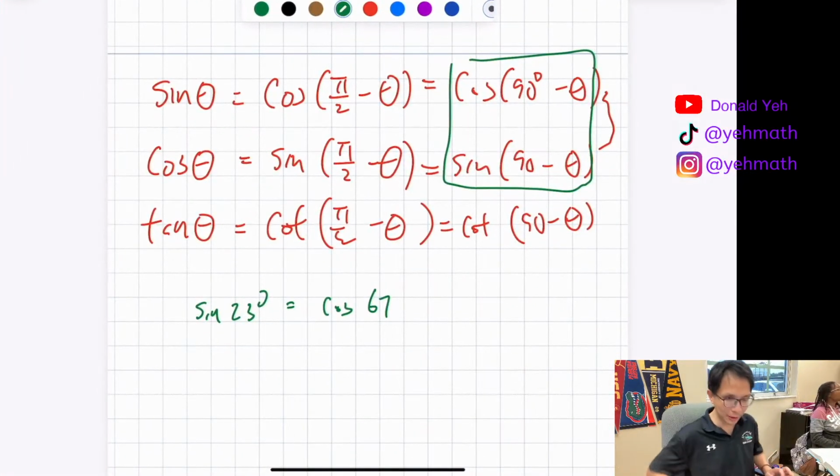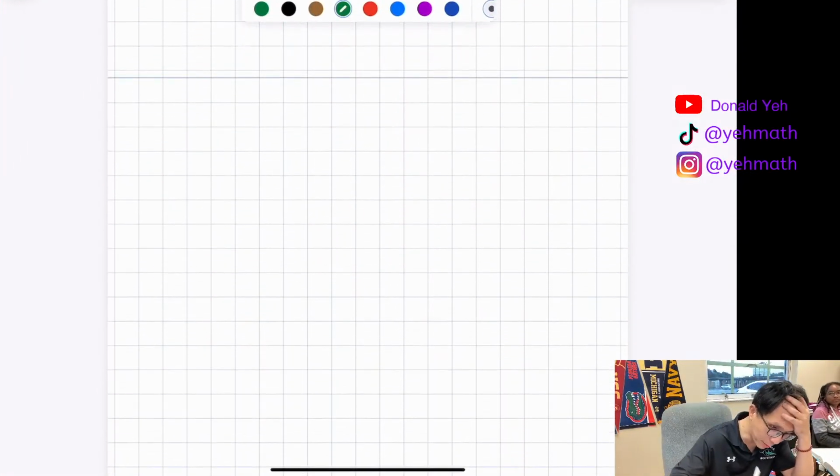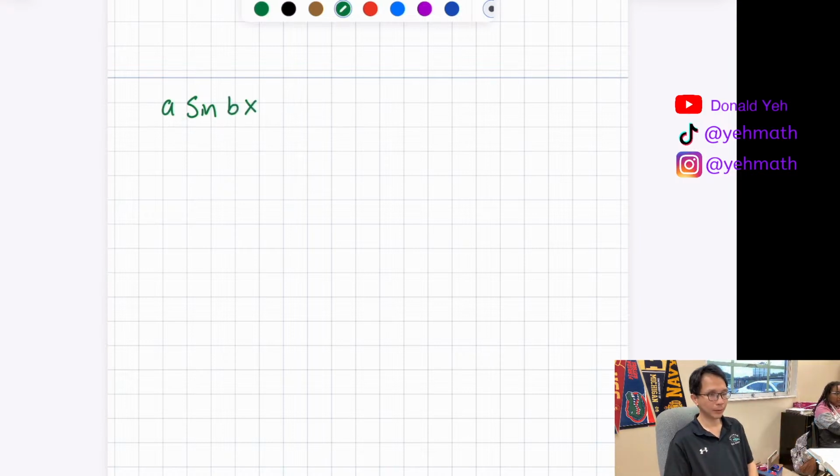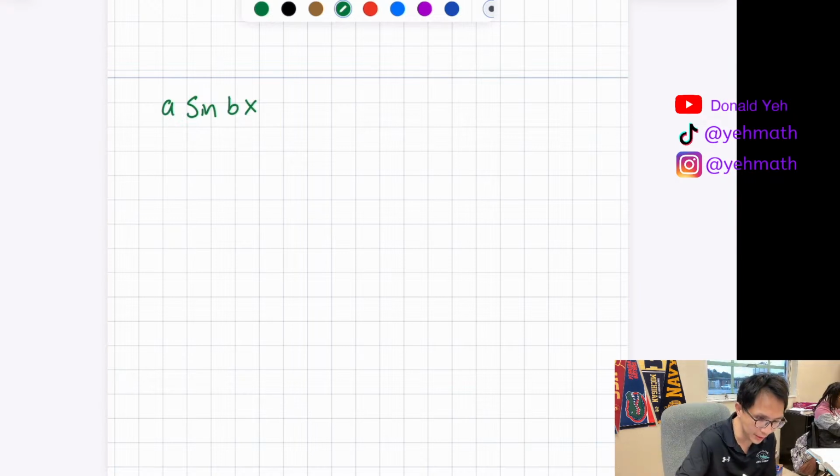Okay, so we took care of the cofunction identity. We're going to go back to learn how to graph. First of all, we're going to learn how to graph y equals A sine of bx. Now this is the easier version.